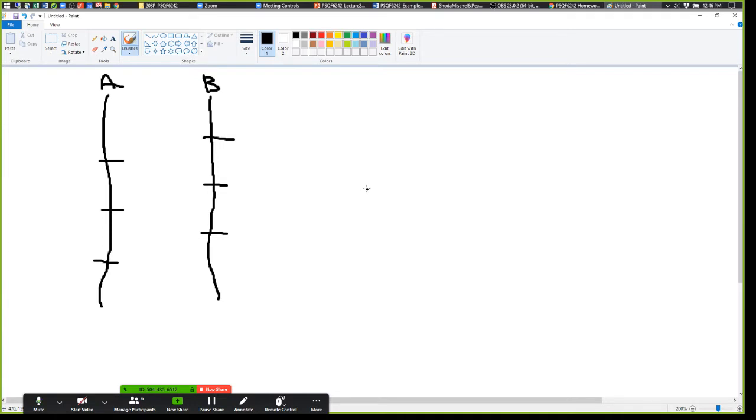If I were to estimate a Pearson correlation between the rating provided by A and the rating provided by B, that correlation would be 1, or very near to it, within the constraints of my paint drawing. Now let me ask you a different question.